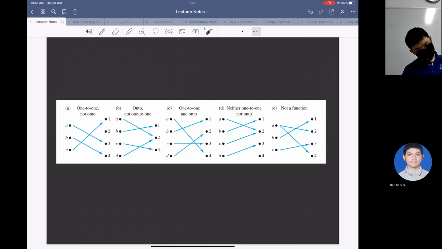If A and B both go to 2, or A and B go to 3 or something, then it's not one-to-one. So this is the judge. It's one-to-one. Yeah. Okay.